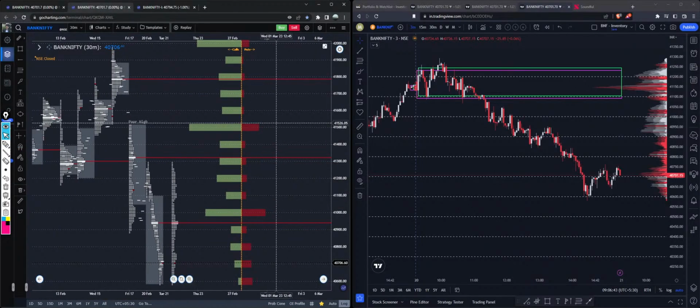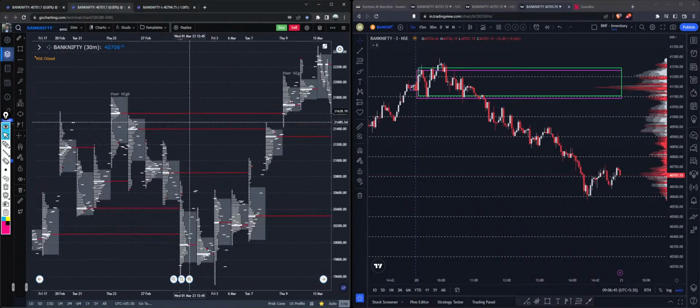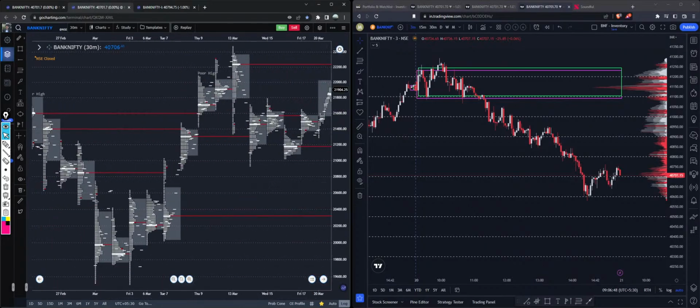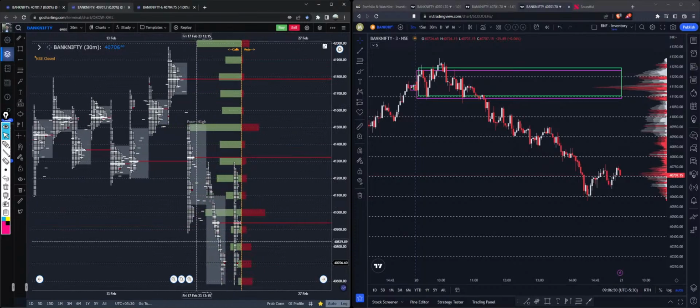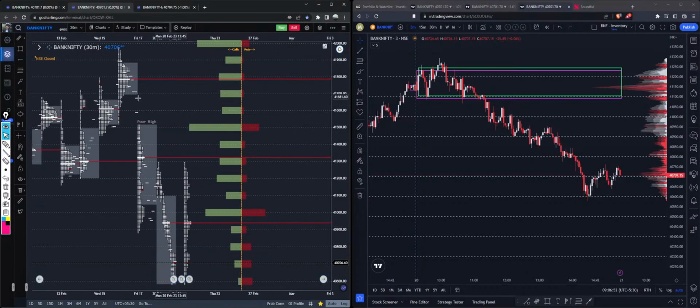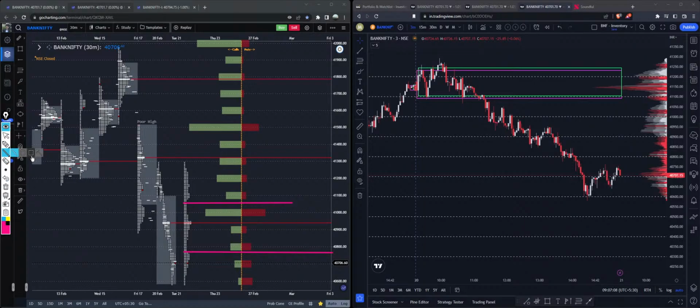And from the market profile chart, let me see what happened. If I see yesterday's profile, we have a single print here and we have a single print here. So there are shorts getting trapped in these zones. Plus we have a level of equilibrium at 41,000.